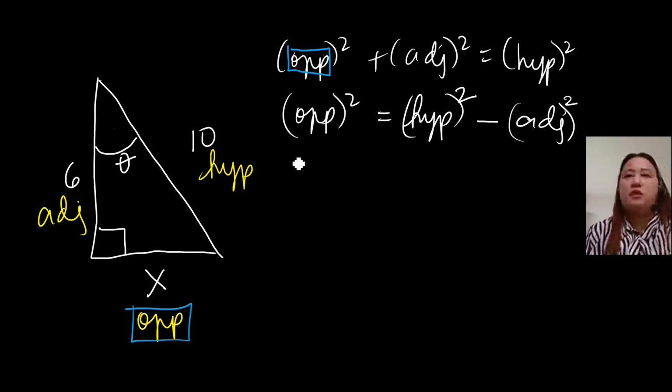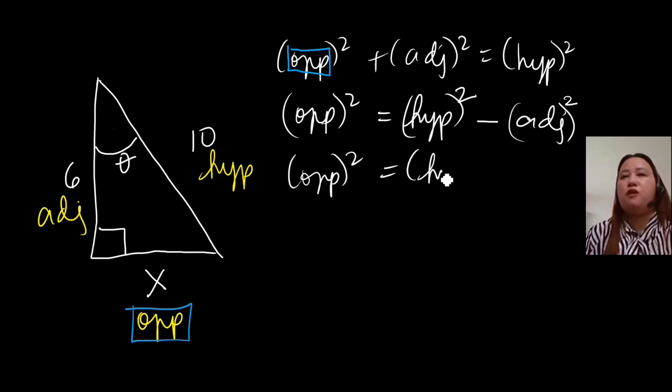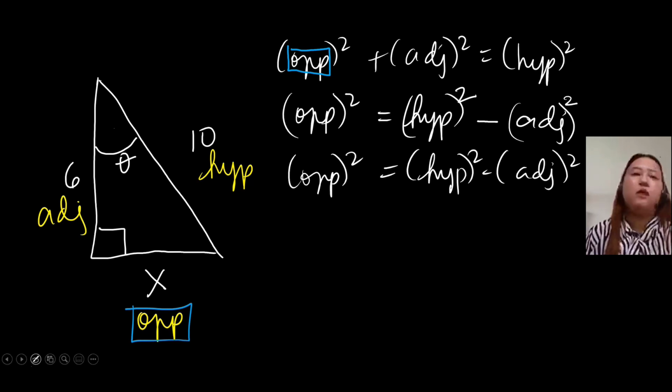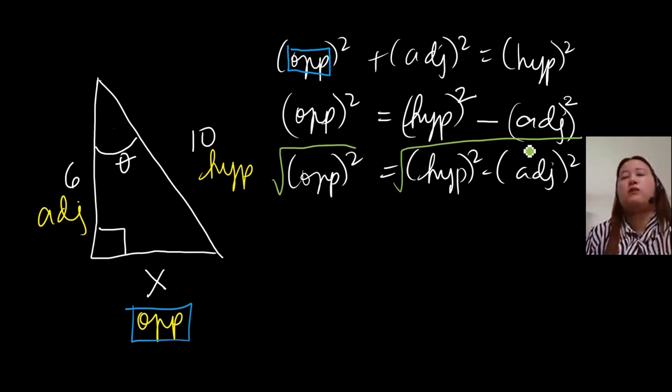Next, since we need to remove the square on the hypotenuse, or rather the opposite, we can apply the extraction of square root. Or we can apply square root. So this time we can already cancel.